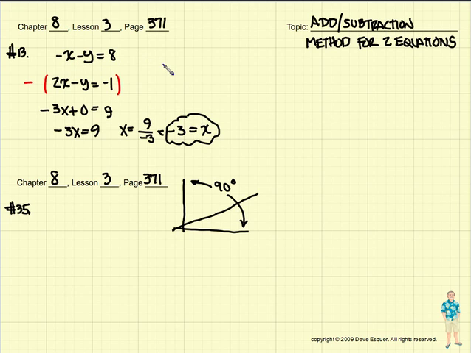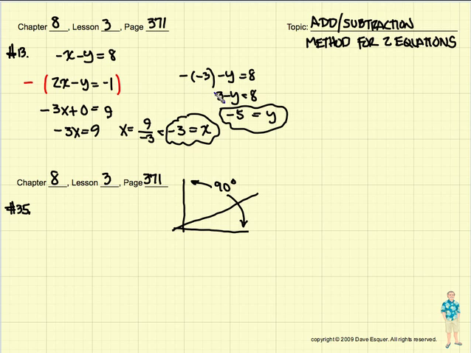Let's go stick that up in here and see if we can find out what y is supposed to be equal to. So I have minus a negative 3 minus y is equal to 8. So this looks like 3 minus y is equal to 8, or y turns out to be equal to negative 5. Okay?